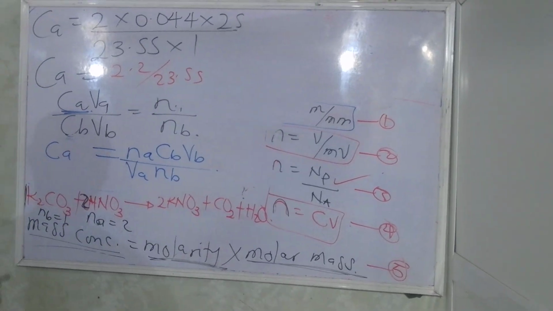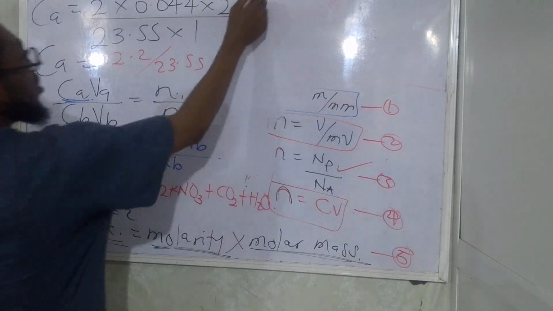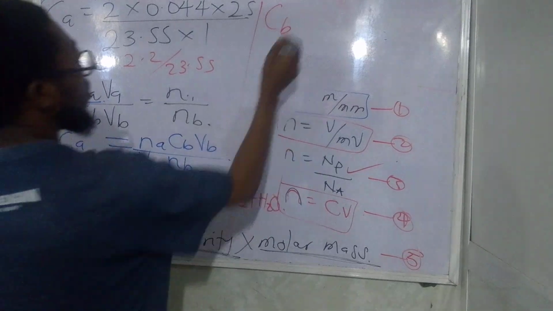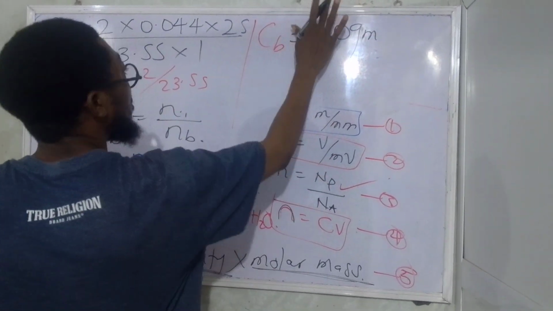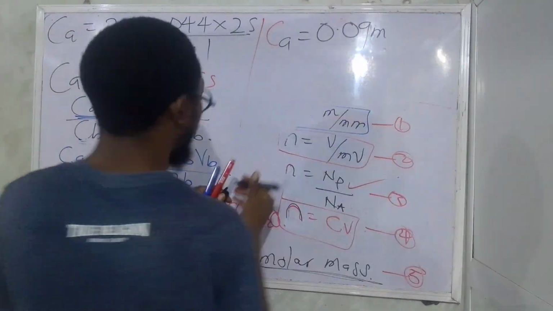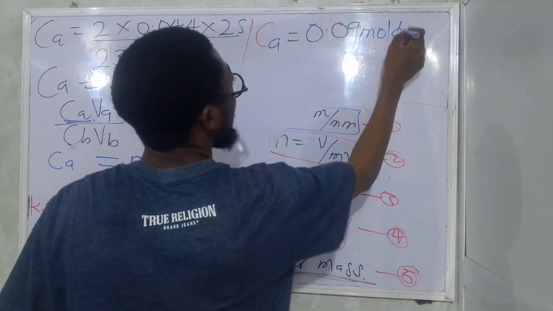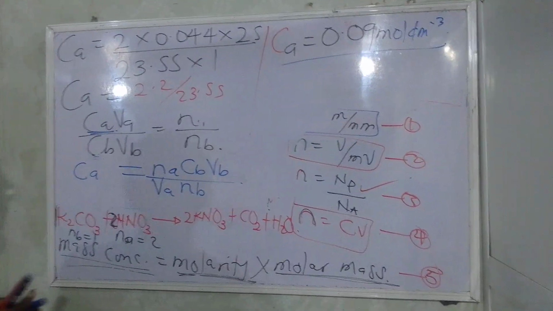That would be 0.09. So CA is now equal to 0.09 mole per dm cube. Mole per dm cube. So that's the CA that we are looking for.